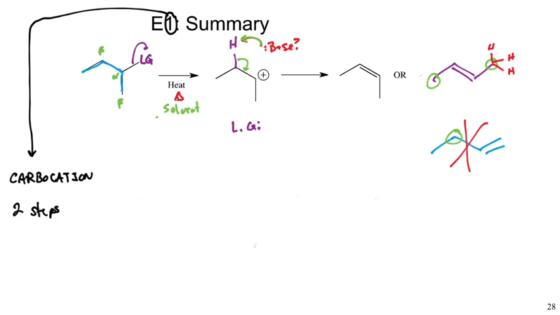So when we go through and now do our elimination reactions, once we understand what's happening within the mechanism, we can now start to make evaluations based off of our substrate. Well, the substrate could change. That's that blue thing at the beginning.